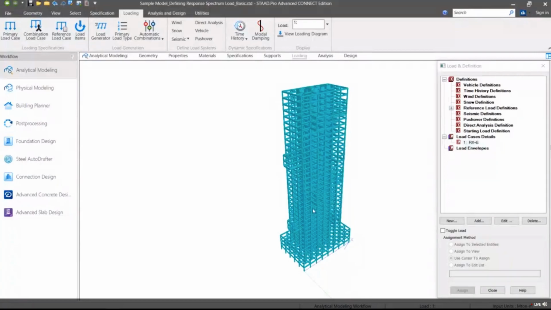The lateral load resisting system plays a vital role for structural response against seismic load, and depending on this, seismic load on the structure is calculated, which is I by R into the spectral acceleration value. For this model, it is ordinary frame and shear wall structure, and from table 12.21, we can find that the response reduction factor is 4.5.